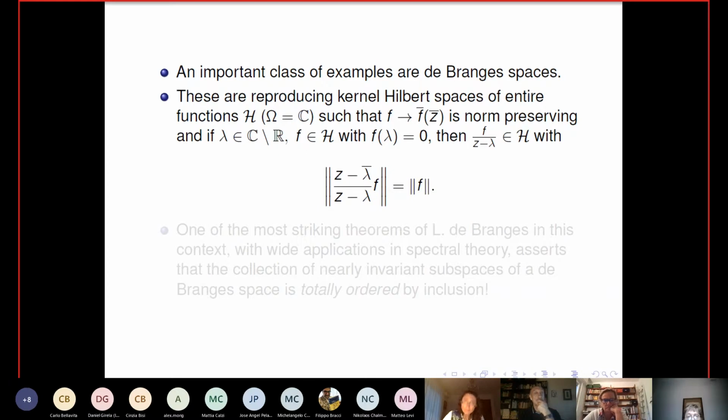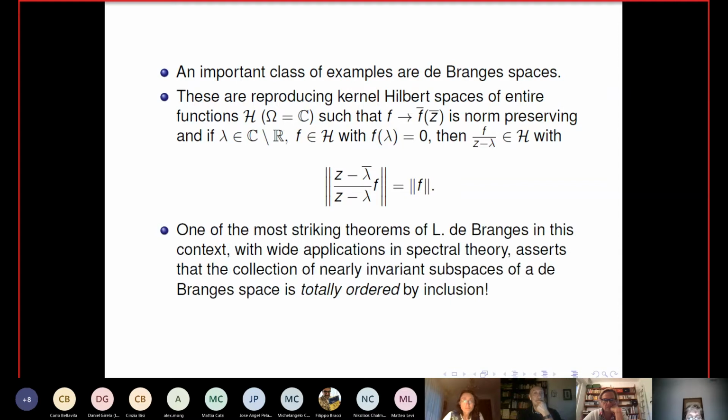These are deeply involved in spectral theory, and one of the most striking, deep theorems of Louis de Branges, which can be found in his book, says that the collection of these nearly invariant subspaces is totally ordered by inclusion, which is amazing. Any two, one of them is bigger than the other, is the only possibility. This is a very deep theorem with wide applications in spectral theory.